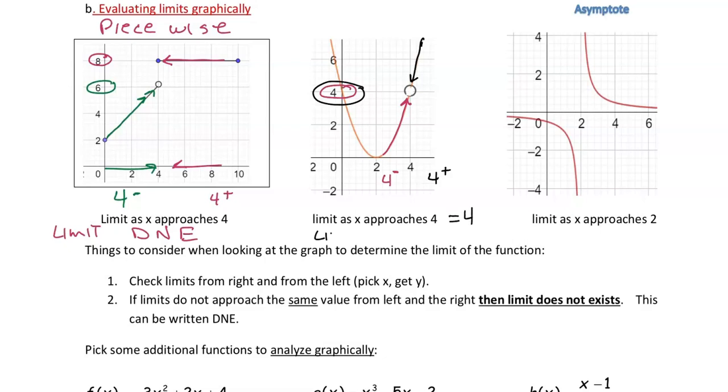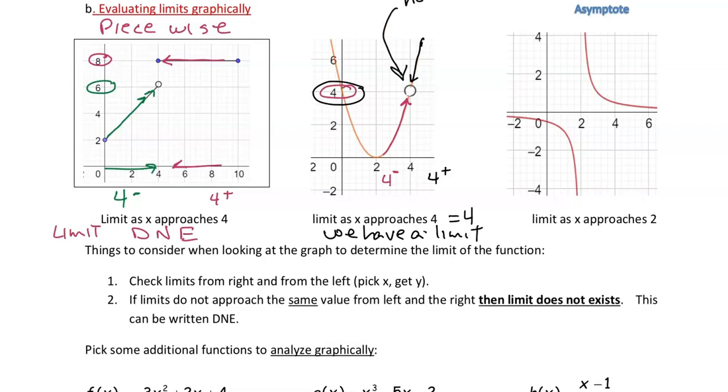So the limit exists, right? Let's just say we have a limit. Okay, so we have a limit. Notice that there's a hole in this function.